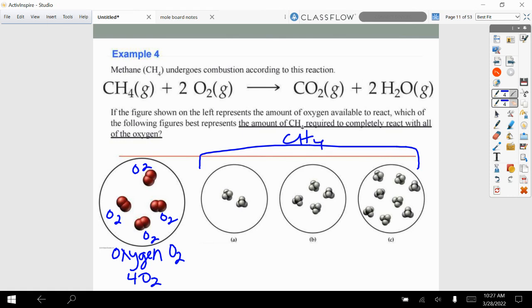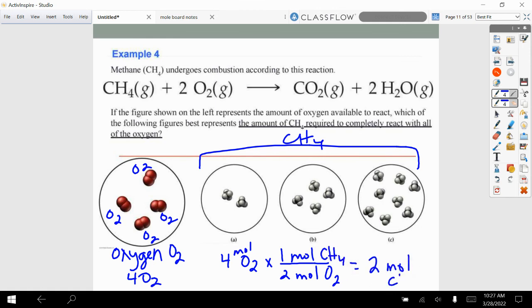We could solve it this way: we have 4 moles of O2, and for every 2 moles of O2, we have 1 mole of CH4. That would leave us with 2 moles of CH4. The picture that would represent that would be picture A, which represents 2 moles of CH4, or even 2 molecules of CH4.